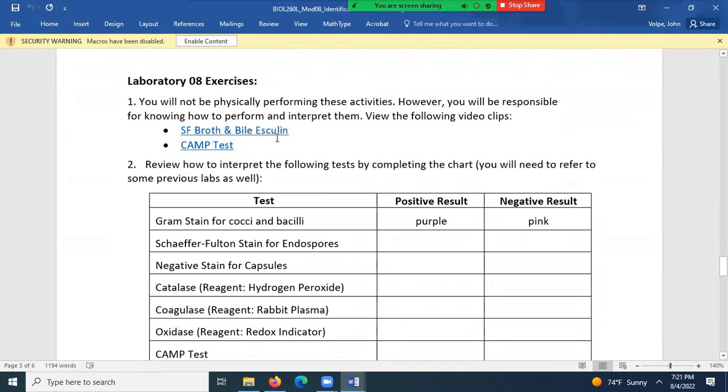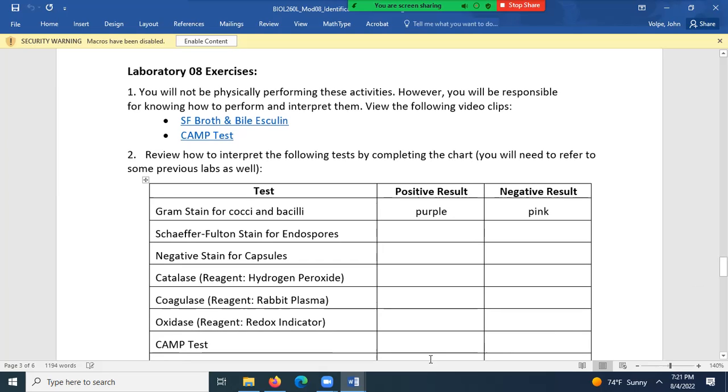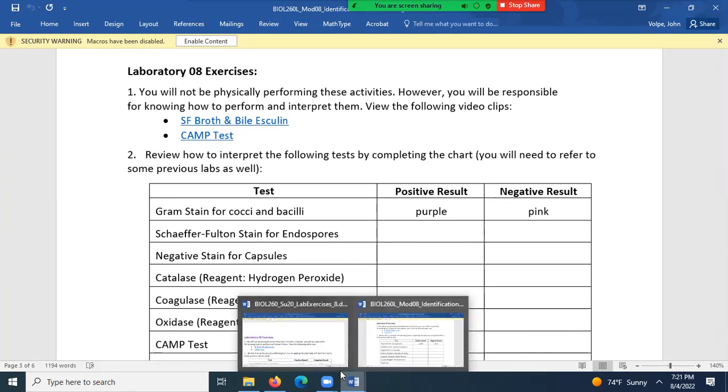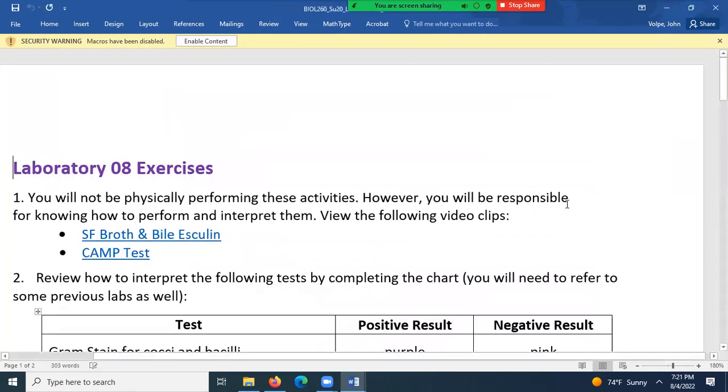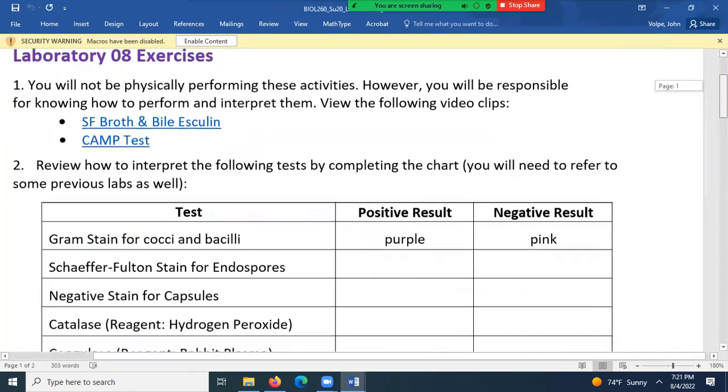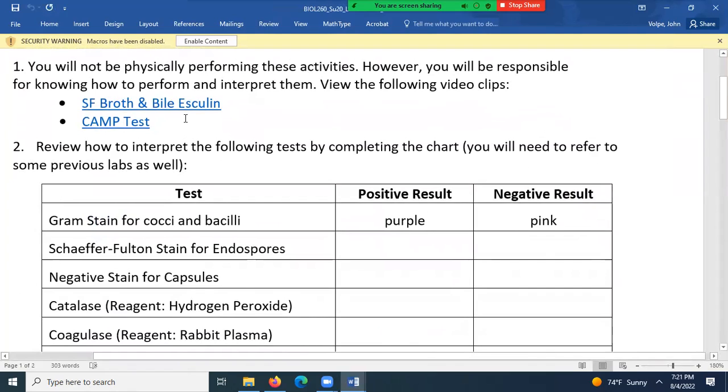So watch those videos. And then we have a video covering the CAMP test. All right, let's go to the worksheet because we're actually now in the worksheet. So that's the first thing you should do for the worksheet, watch the videos.